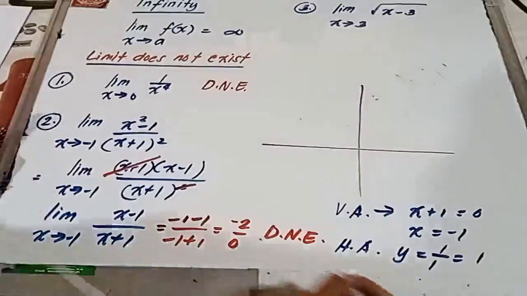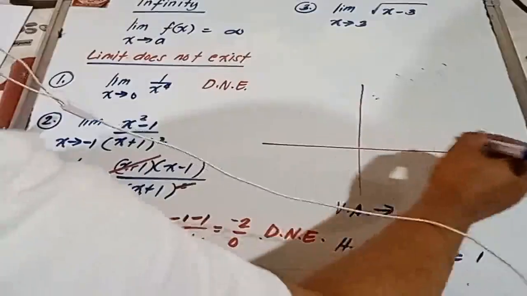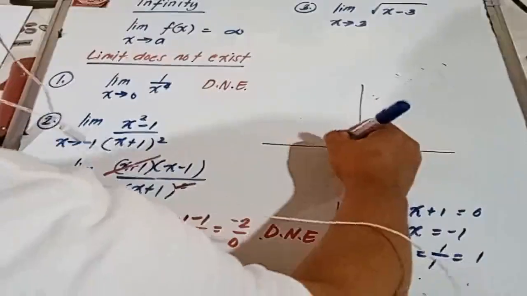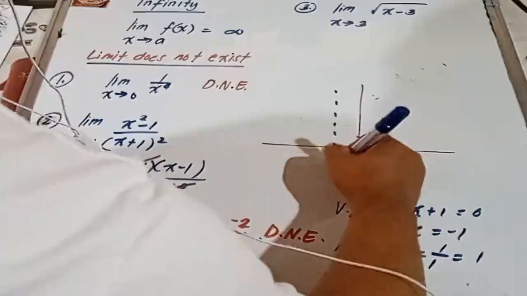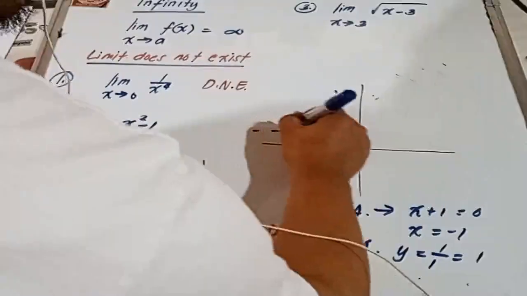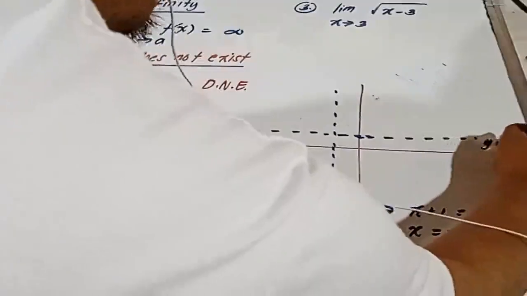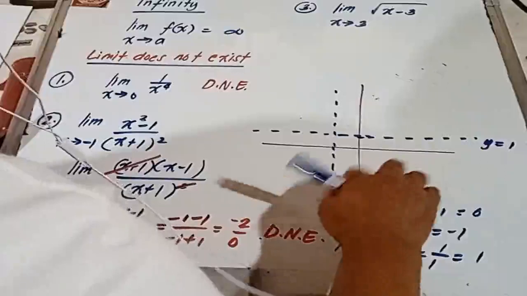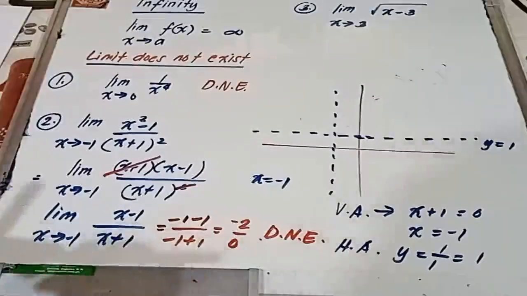So, hindi tatama doon yung ating graph ng function na x minus 1 over x plus 1. So, we have here 1 and negative 1. We have vertical asymptote here. Meron tayo dito horizontal asymptote. Ito yung horizontal asymptote. Ito yung ating vertical asymptote.